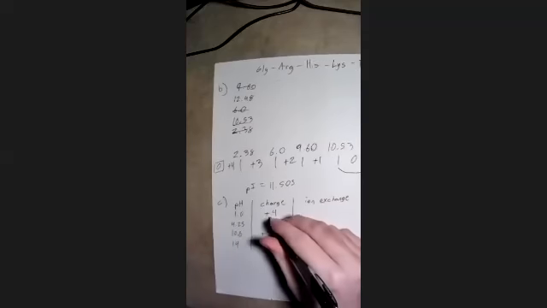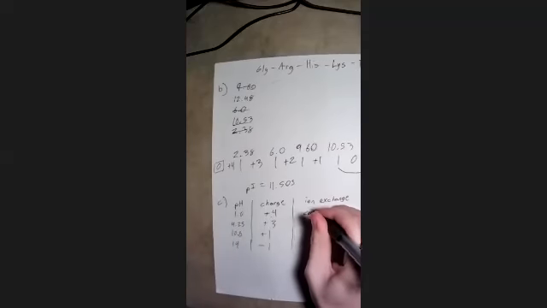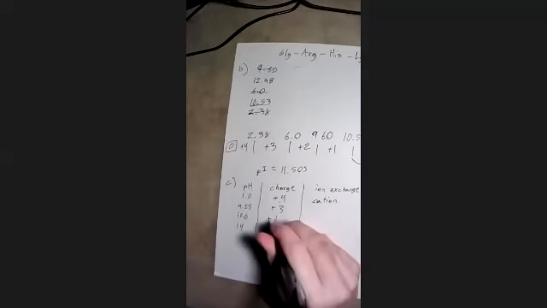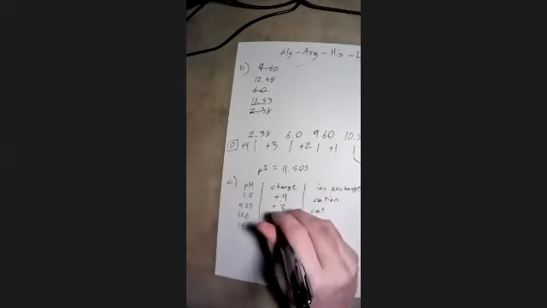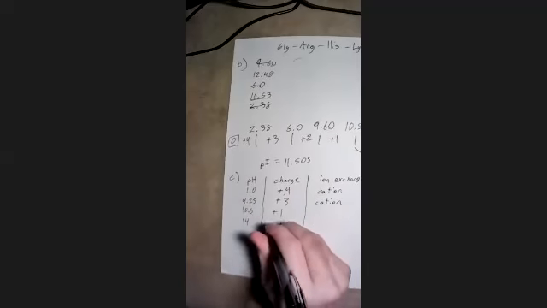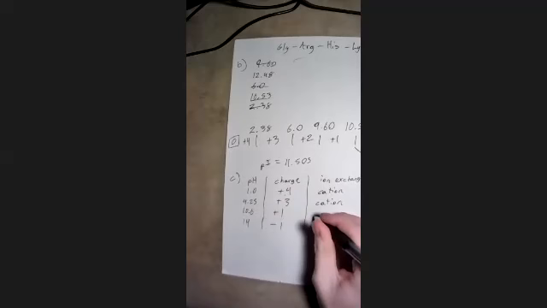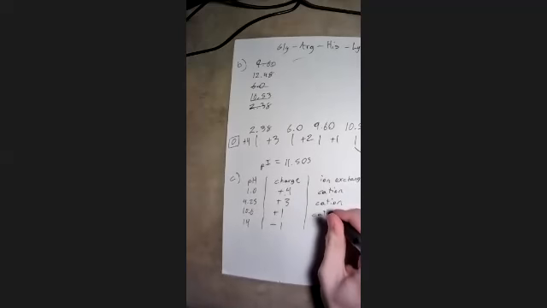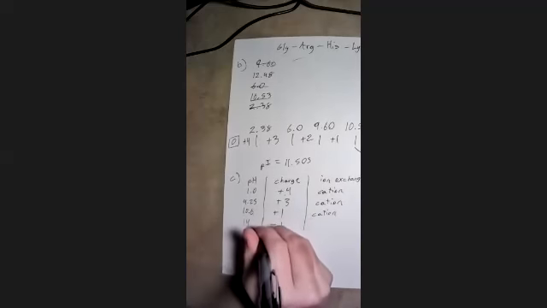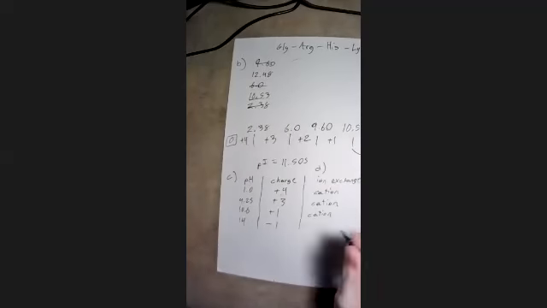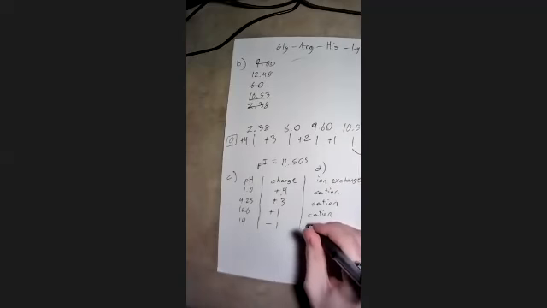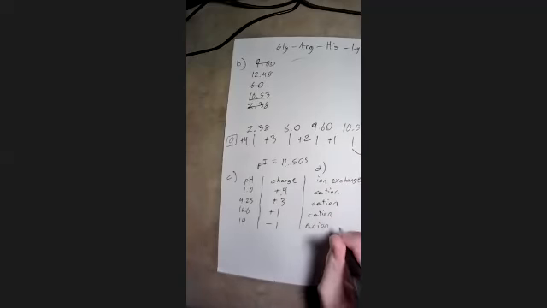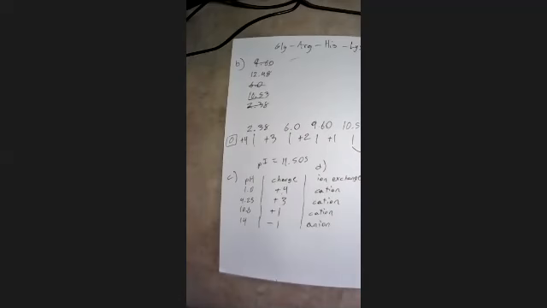So 1.0 charges +4, that's going to be a cation exchange. 4.25, that's going to be a cation exchange column because it's +3. 10.0, it's still a positive charge, so it's going to be a cation exchange. And then at pH 14 the charge is -1, so that's going to be an anion exchange.